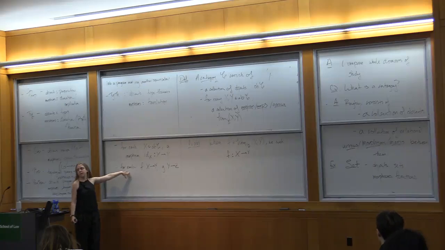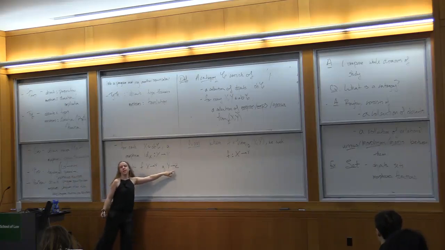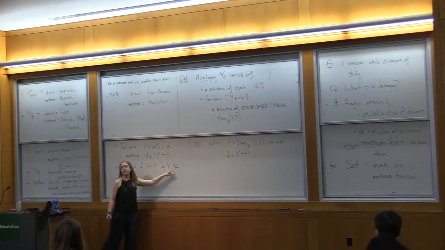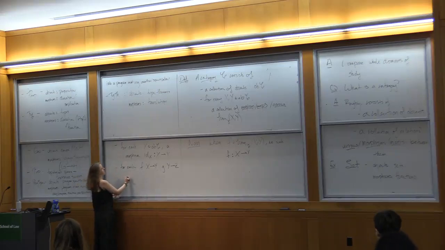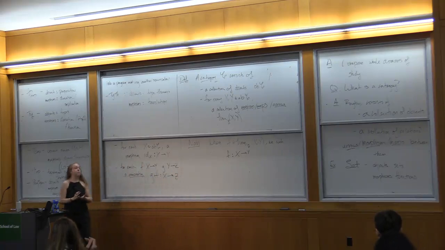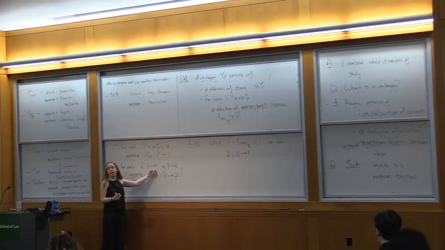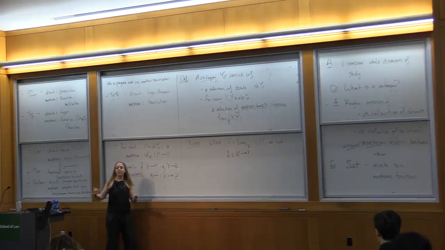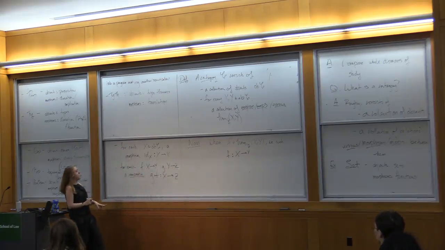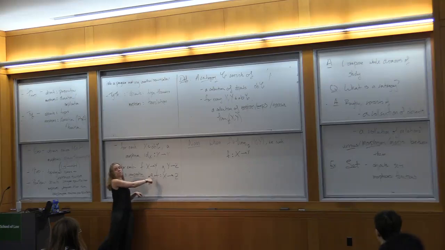I mean, for each triple of objects X, Y, and Z, and for each pair of morphisms, the first one going from X to Y, the second one going from Y to Z, a composition that we call g ∘ f from X to Z. So if you have some way to get from X to Y, and a way to get from Y to Z, then you can go step by step and get from X to Z. So we call it the composition, and note the order here.